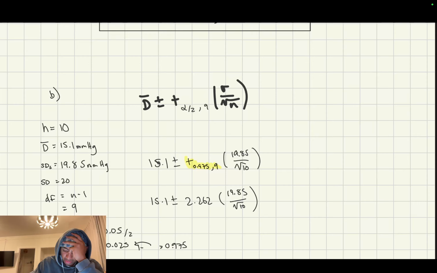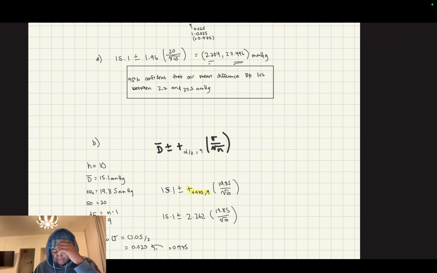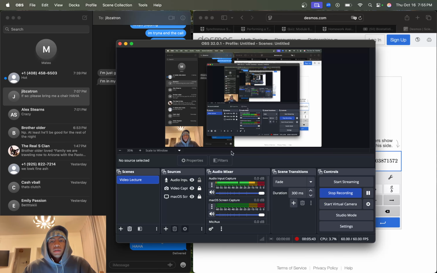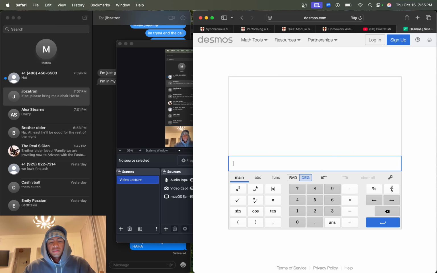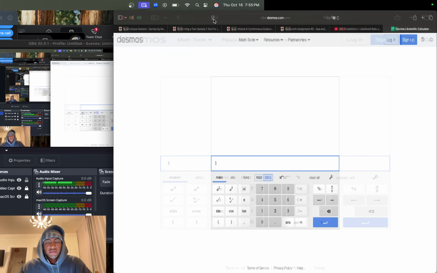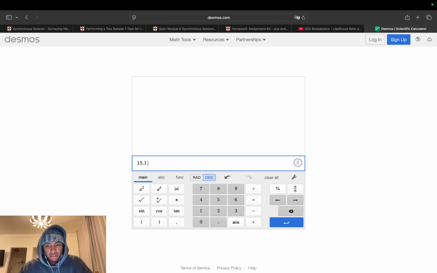Just to correct myself, what I wrote earlier was what we used for the Z distribution, but it's fine, it's the same thing. All right, let's calculate this out, guys. We'll use Desmos here. Let me make this bigger for everybody: 15.1 plus 2.262 times 19.85 divided by the square root of 10.